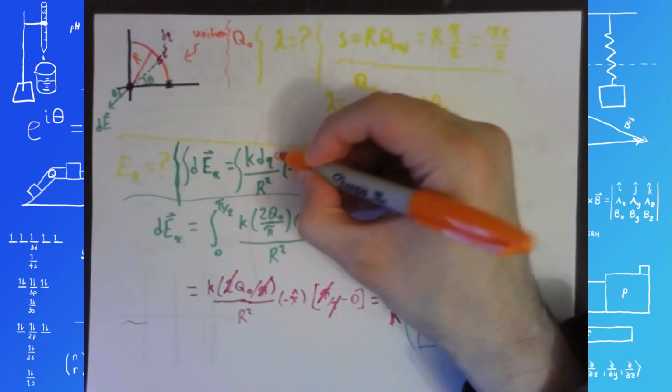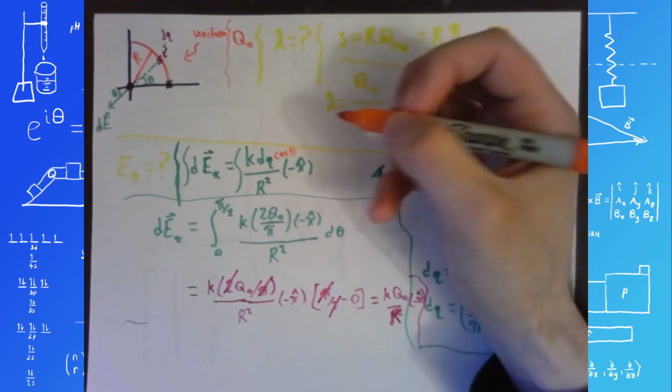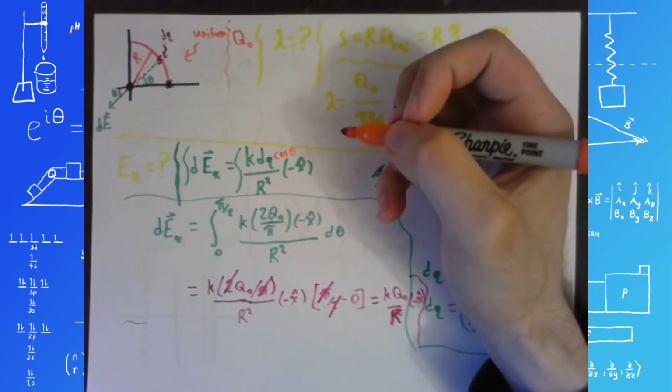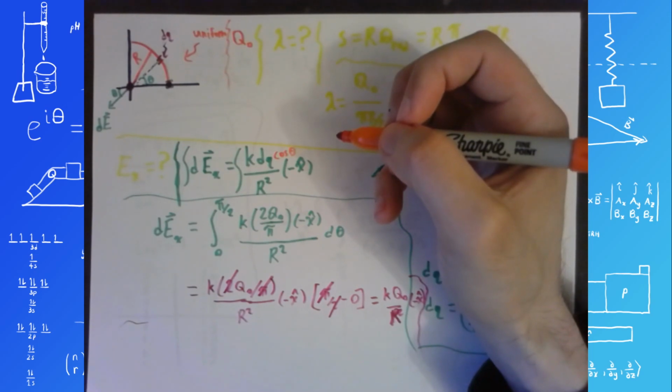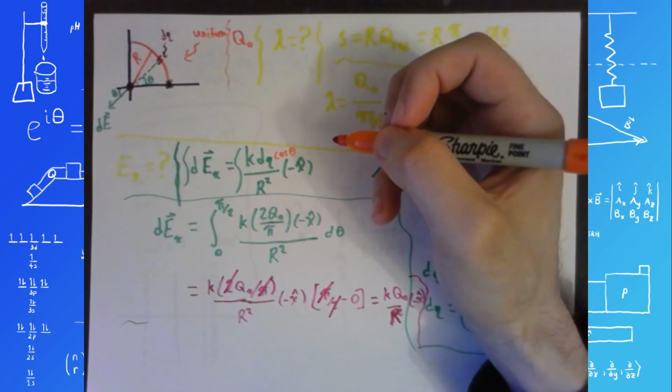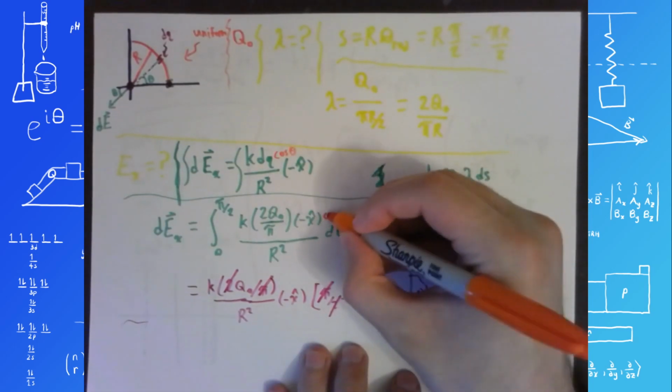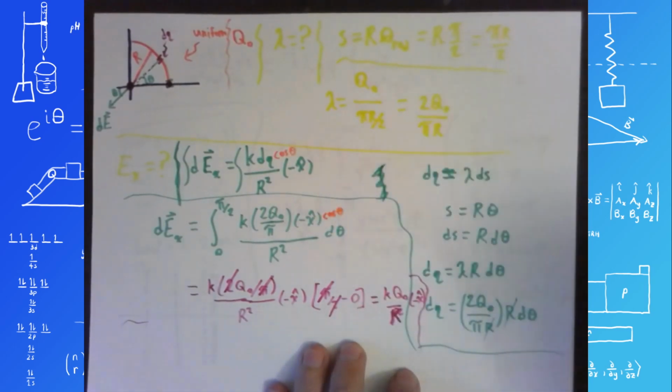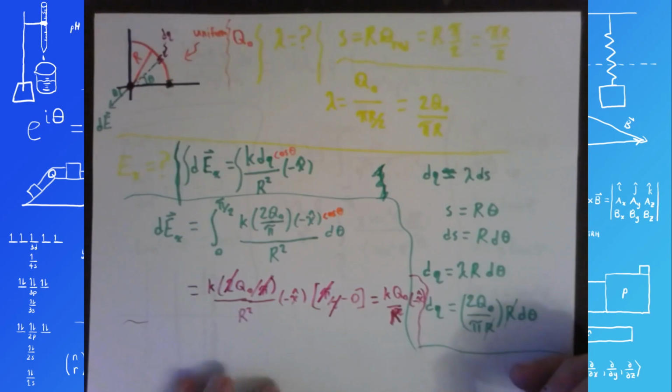Okay, times cosine of theta. But then that means my integral changes. If I'm integrating cosine theta d theta, that's sine of theta.